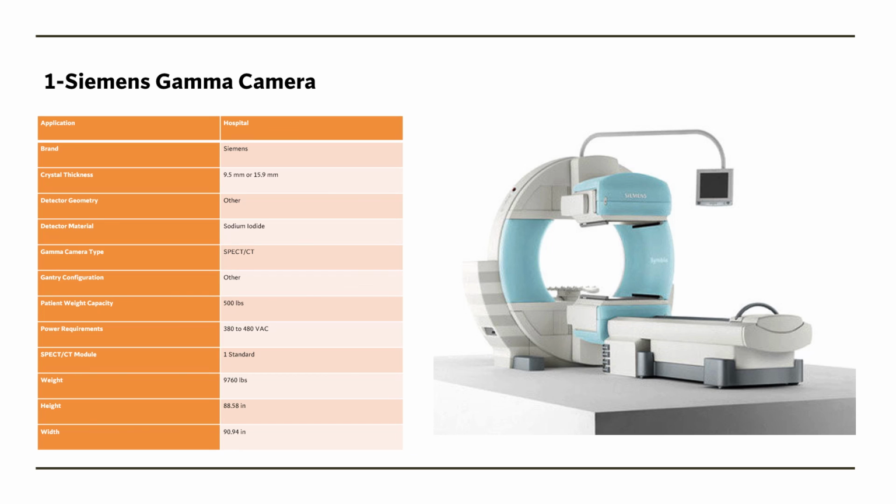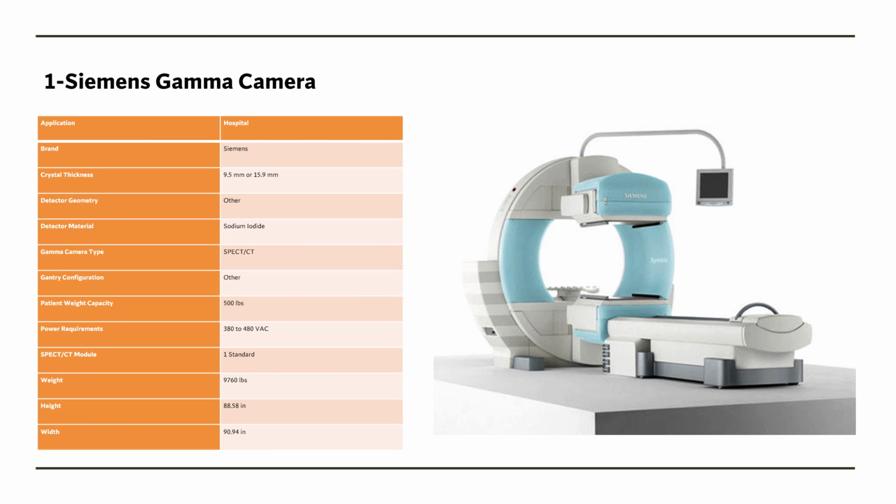Siemens gamma camera. In this schedule, I will talk about the specification. First, I will talk about the application in hospital. Brand Siemens. Crystal thickness will be 9.5 millimeter or 15.9 millimeter. Detector geometry: others. Detector material: sodium iodide.